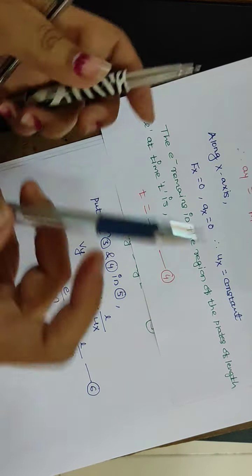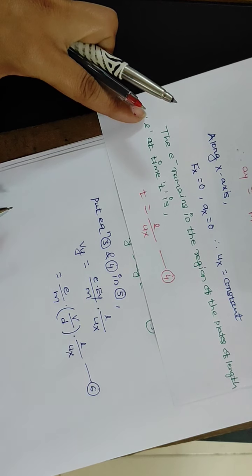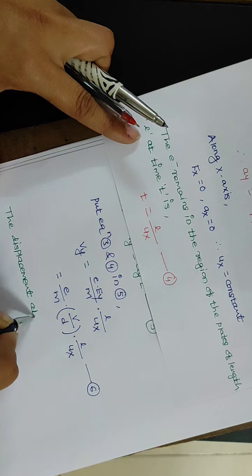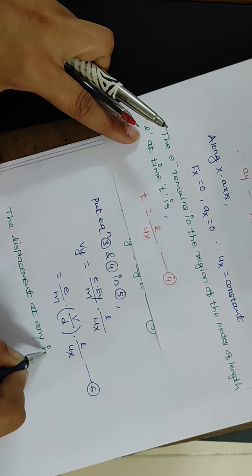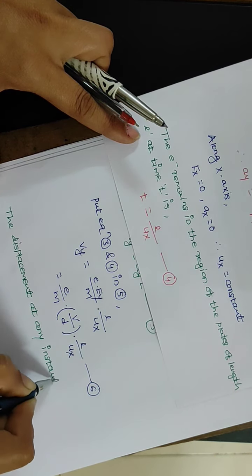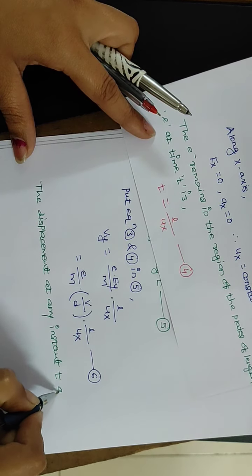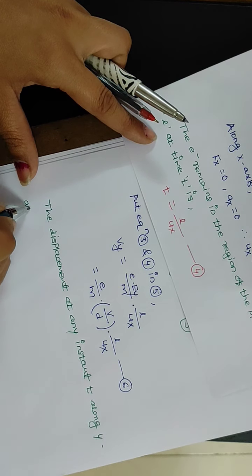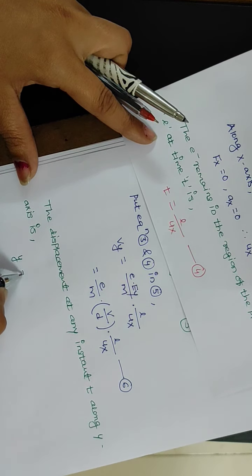Understood? Now after that, the displacement at any instant t along the y-axis, we can write y is equal to 1/2 Ay into t square.